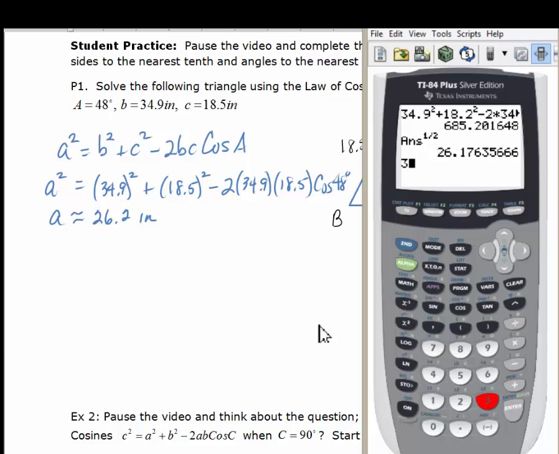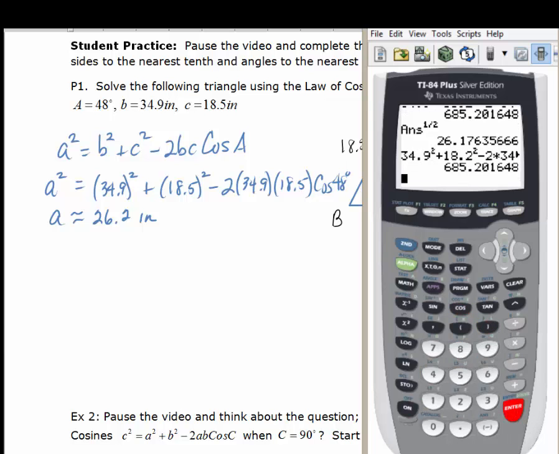You could do the same thing. We could type in the 34.9 squared plus the 18.5 squared minus 2 times 34.9 times 18.5 times the cosine of 48. Close the parentheses, hit enter.